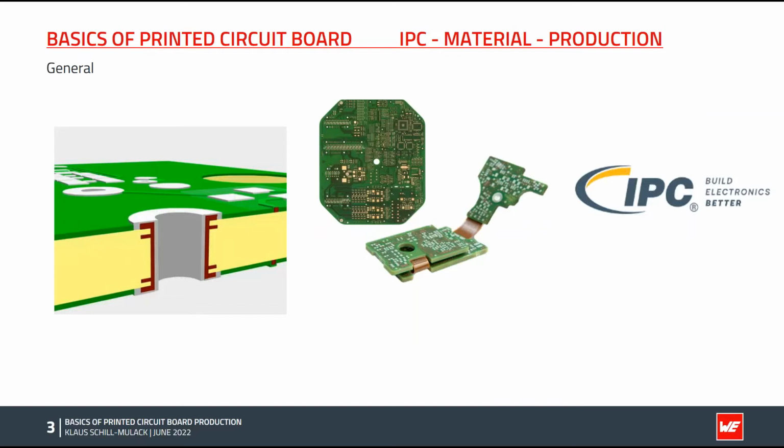The IPC, which is the Association Connecting Electronics Industries, is a global association for the printed circuit board and electronic industry, providing standards for all phases of the product life cycle. We will come to the details afterwards.